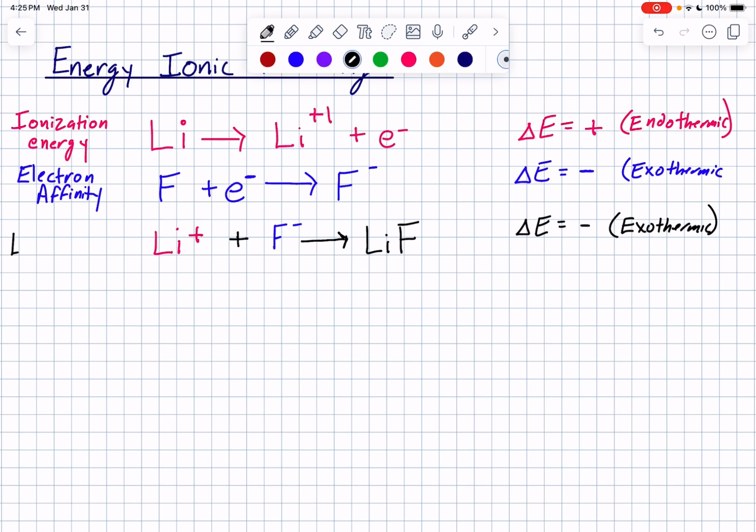So this energy is called our lattice energy. And that makes sense because it's the energy released when our crystal lattice forms. So my lattice energy is the energy released when crystal lattice forms.